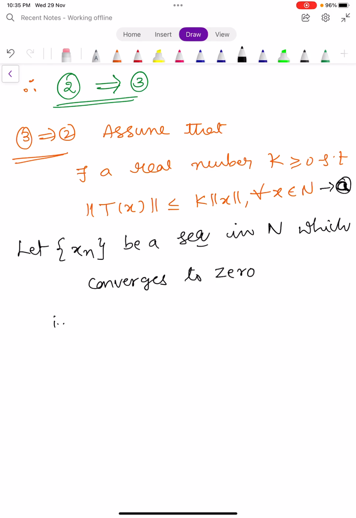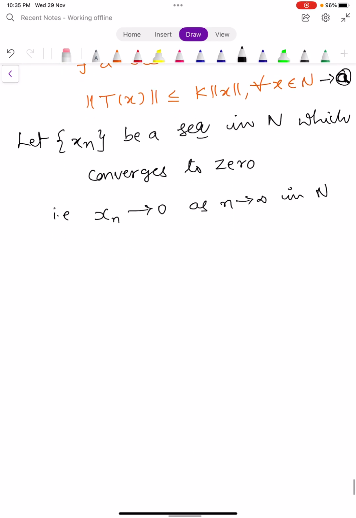It means xn tends to 0 as n tends to infinity in capital N. It means norm xn tends to 0.